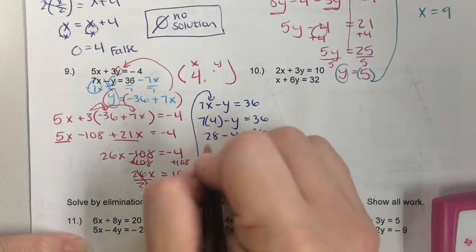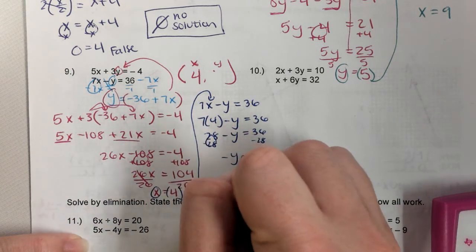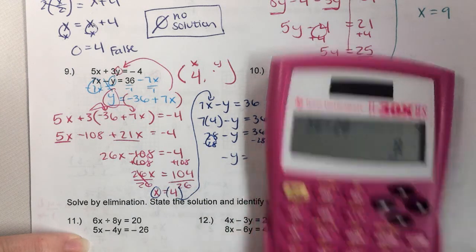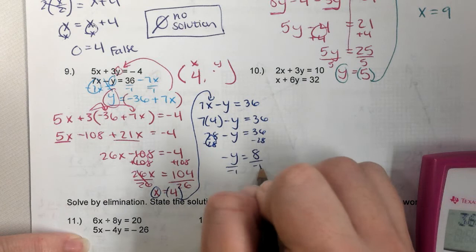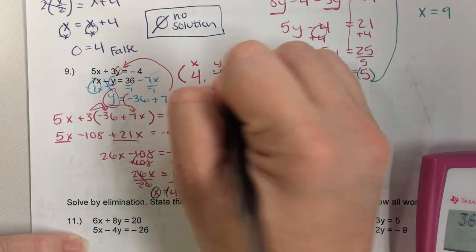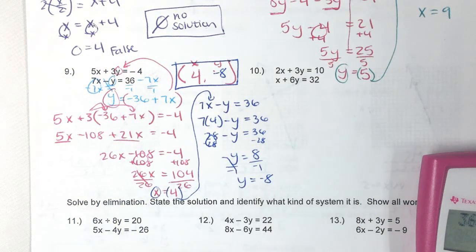So I'm going to subtract 28 from both sides. I get negative y equals 8. But I can't have a negative y, so I divide both sides by negative 1, or flip both the symbols. Y equals negative 8. So 4, negative 8 is my solution.